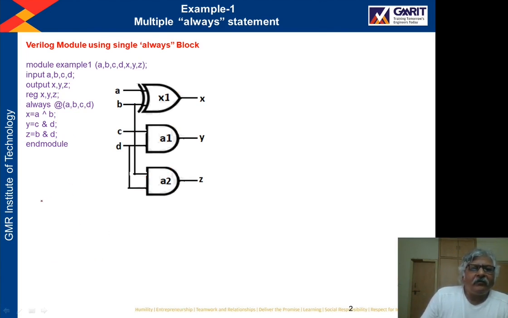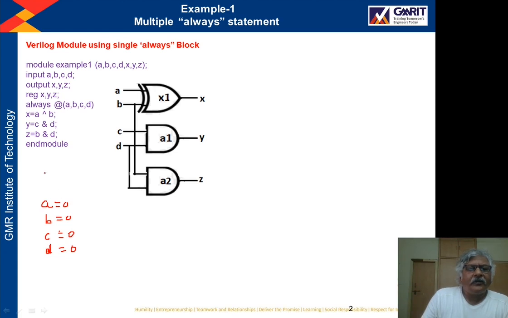Now let us take one example. Let us assume the value of A is 0, B is 0, C is 0 and D is 0, right?